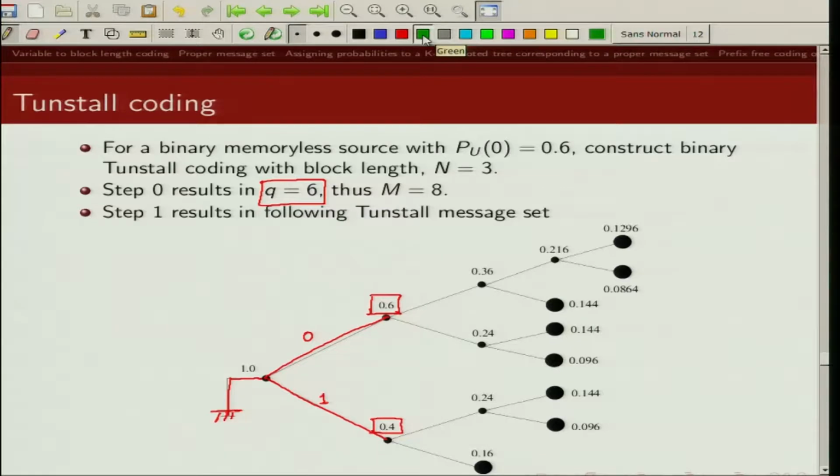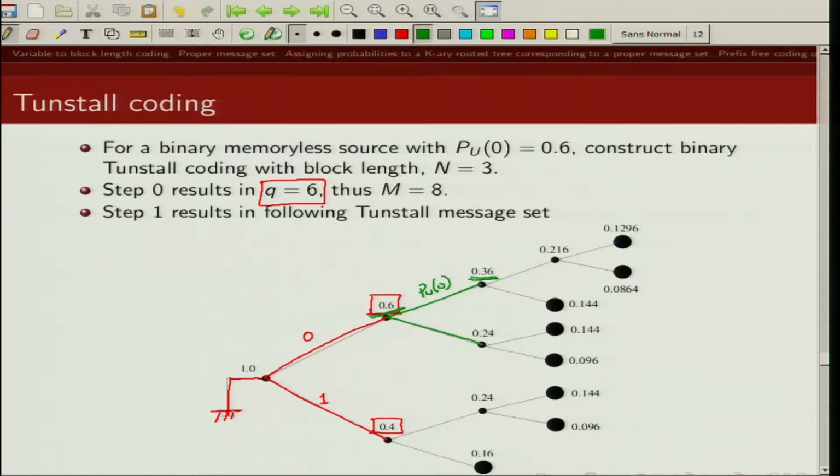So first, what should I do? Note here 0.6 is more than 0.4. So first I should extend this node which has probability 0.6. So the first extension is something like this. This probability is the probability of this node, 0.6, into probability of 0, which is 0.6.